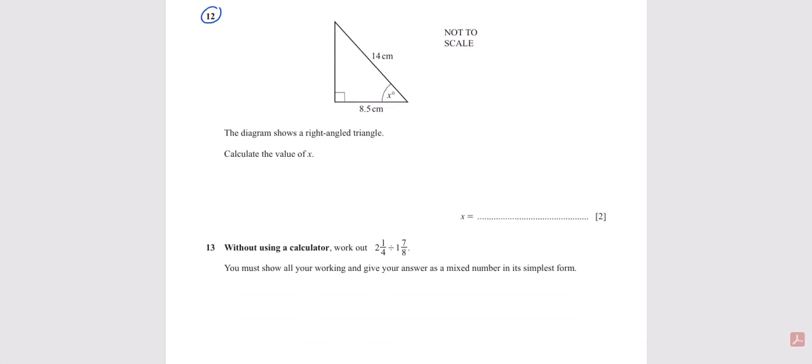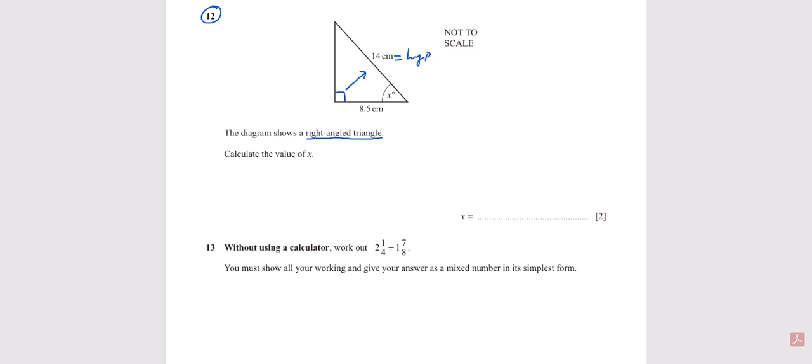Question number 12. The diagram shows a right angle triangle. Calculate the value of X. We know that this is a perpendicular angle. The side opposite the right angle is called the hypotenuse.